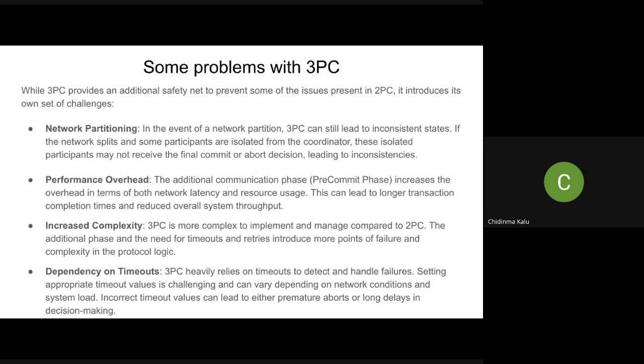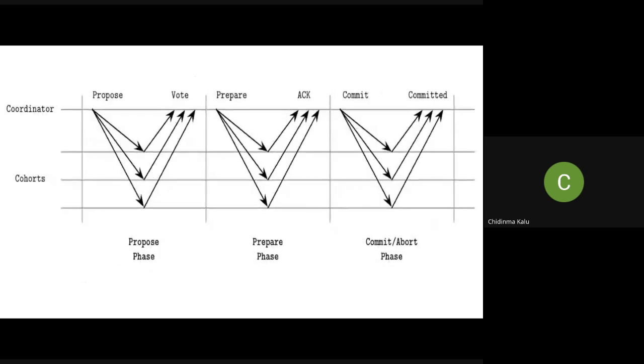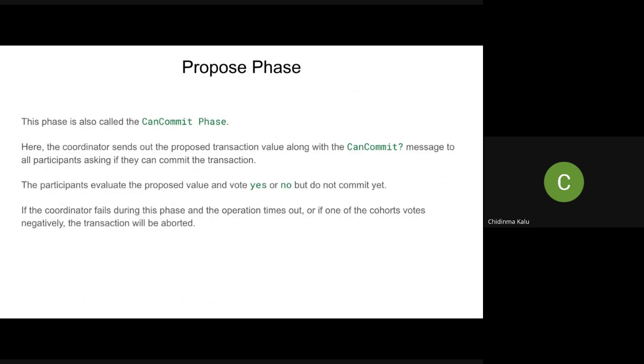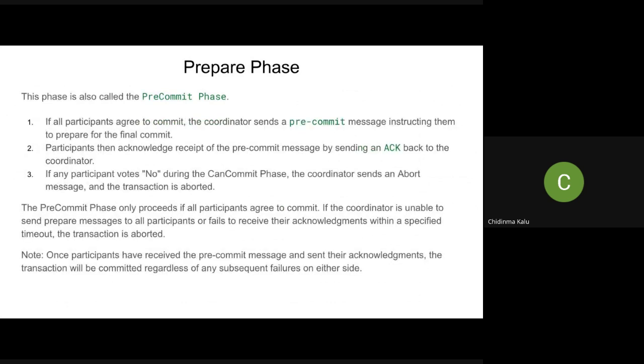However, in 3PC we have the pre-commit phase. So we have the propose phase, where if the coordinator fails, it's aborted. But in the prepare phase, the pre-commit phase, after the first phase where everybody says yes, if anybody gets the pre-commit message, it means that whether the coordinator fails or not, you're still going to commit your transaction.